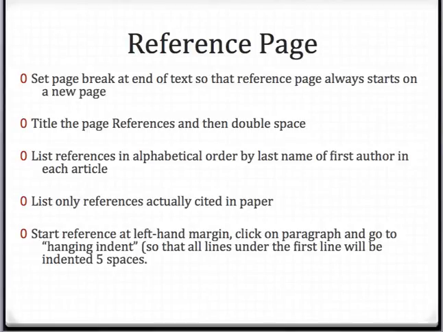The references should be in alphabetical order by the last name of the first author in each article. And it is critical that you list only references that you actually cited in the paper. References are formatted in what is called a hanging indent, so that the first line of the reference is flush left and the second line is indented 5 spaces.